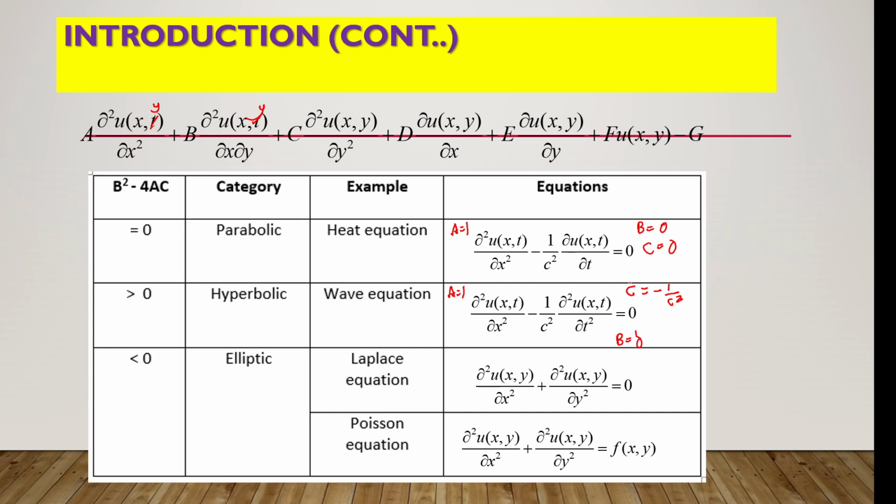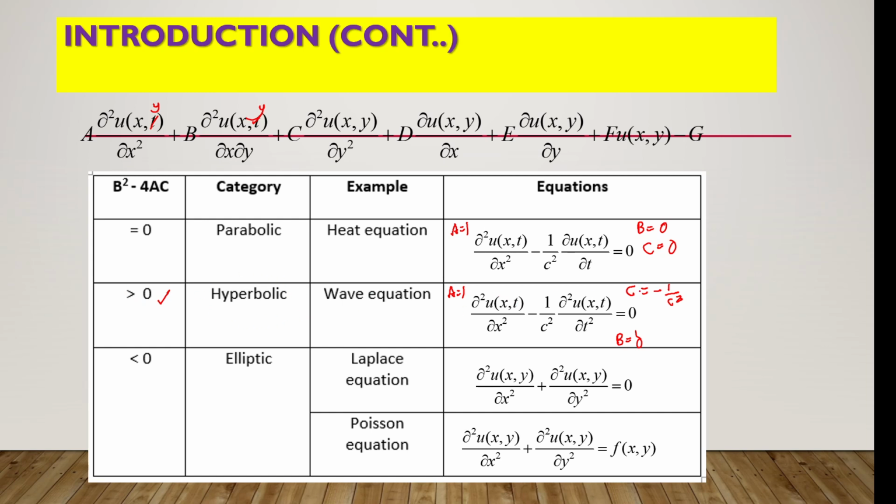When you plug in, b is 0, so b squared minus 4ac for the wave equation is 0 minus 4 times ac, and you get positive, because a negative with the minus gives positive. So the wave equation belongs to b squared minus 4ac positive, a hyperbolic equation.